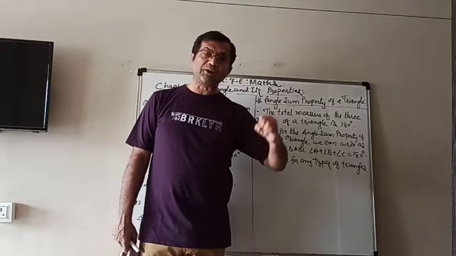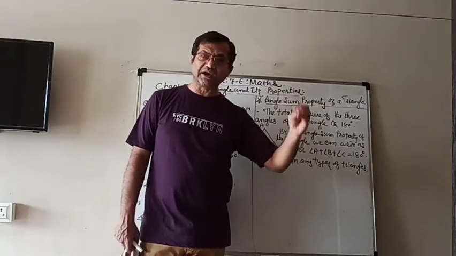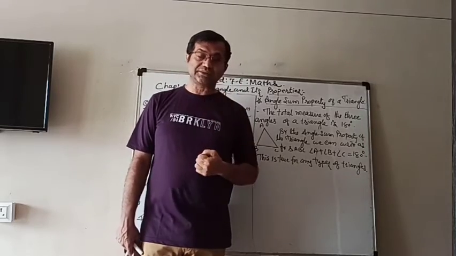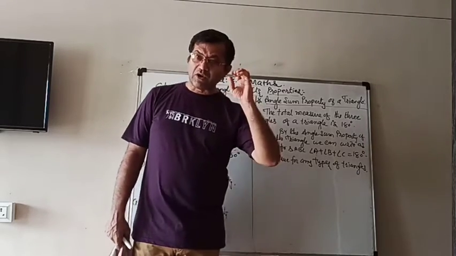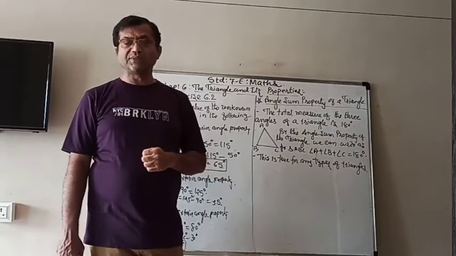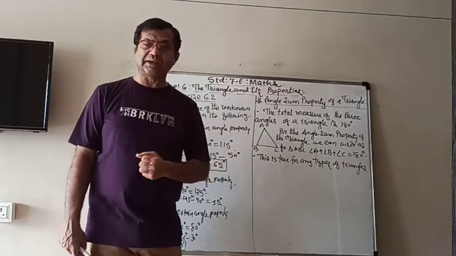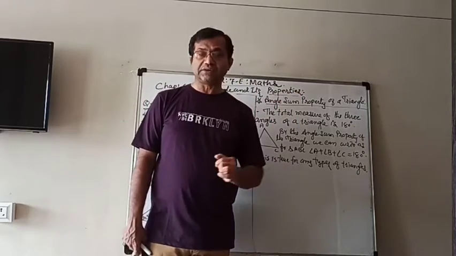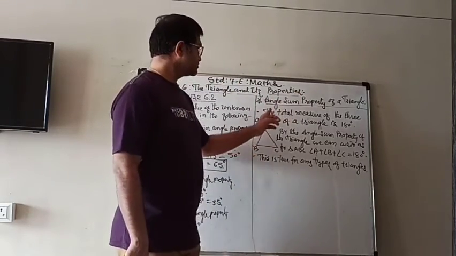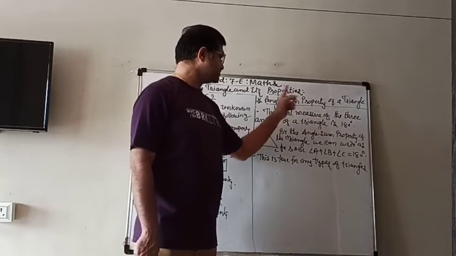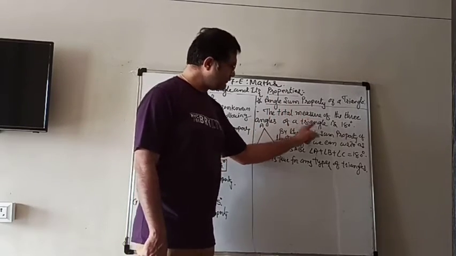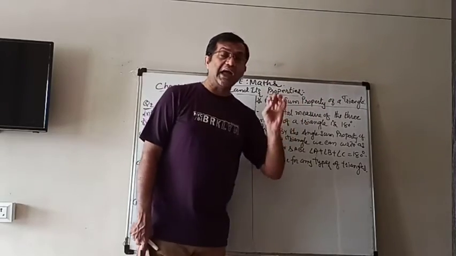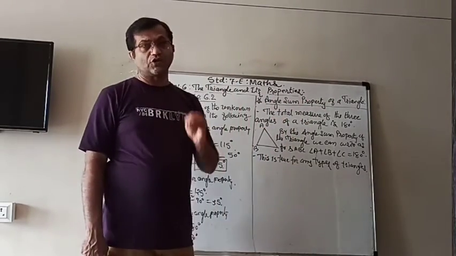For each type of triangle, smaller, bigger, any, if you find all the three angles and add them, it will become 180 degree. So the total measure of the three angles of a triangle is 180 degree. That is the angle sum property for the triangle.